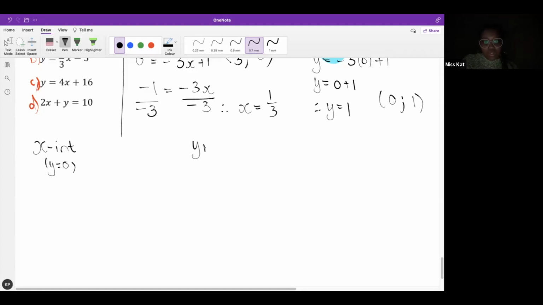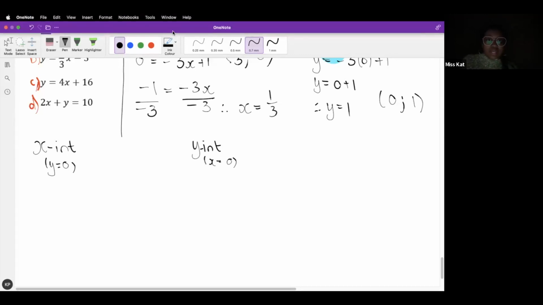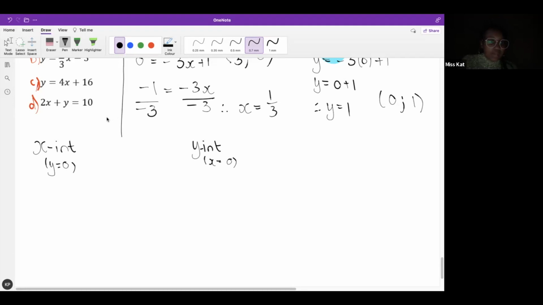And y-intercept, x is 0. Let's see, Slindile's hand is up. Yes, Slindile. I've written like this: 2x plus y equals 10.